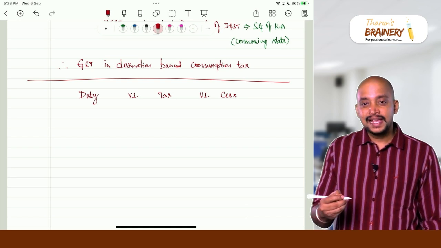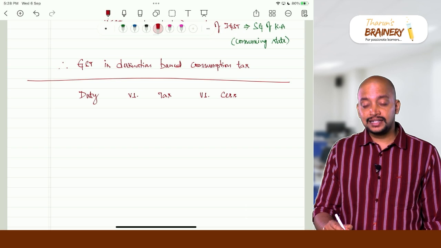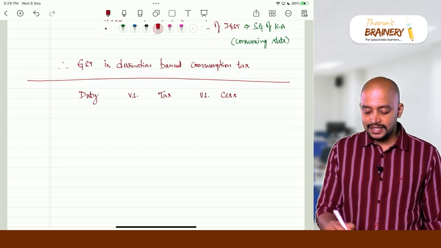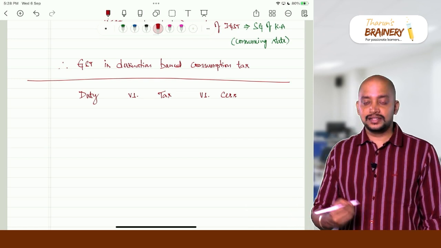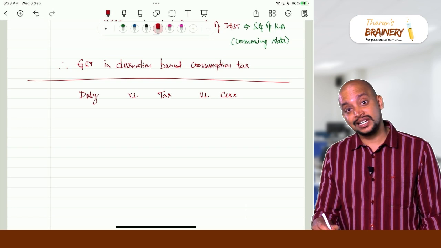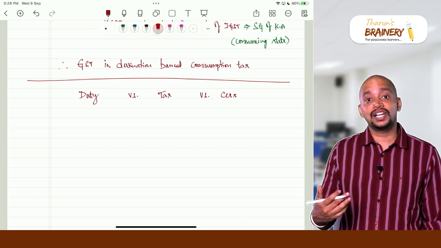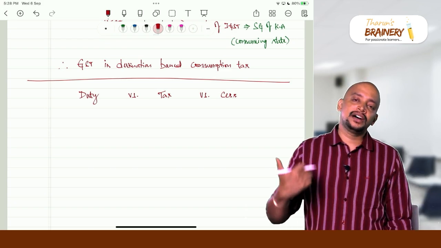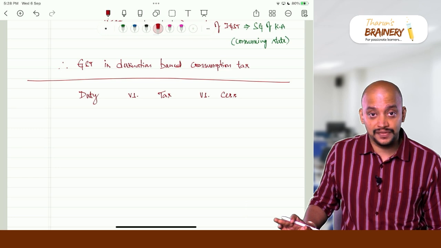For example, excise duty and customs duty, like that we have. Then tax, like sales tax, service tax, goods and services tax. Then cess: compensation cess, and even social welfare cess, and in income tax, health and education cess.